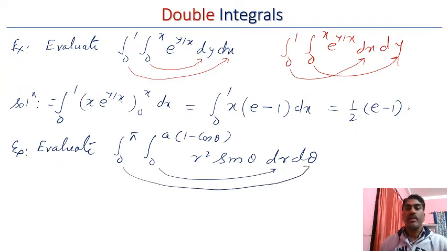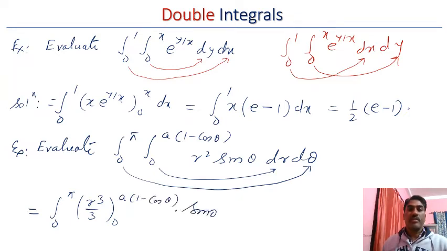So this limit is of r and 0 to pi is for theta, so we will evaluate the r integral first, meaning first the integration will be done with respect to r. So this will become 0 to pi, and r square will give r cube by 3, and the limits are 0 to a into 1 minus cos theta, and then sin theta d theta will remain.